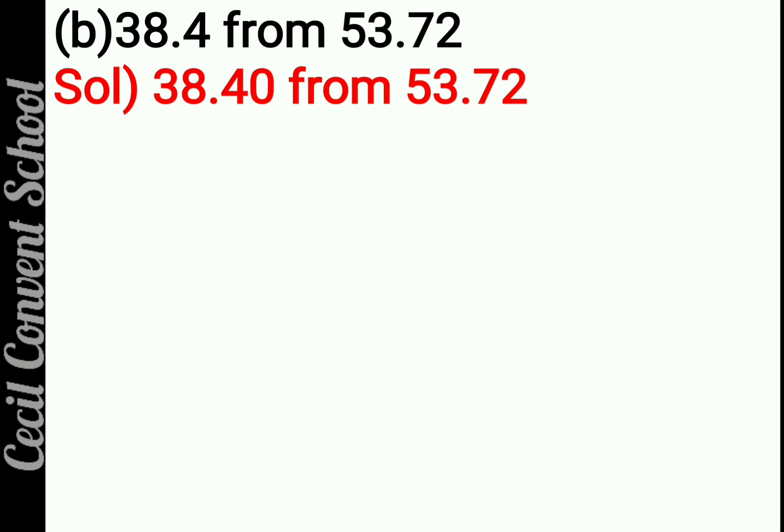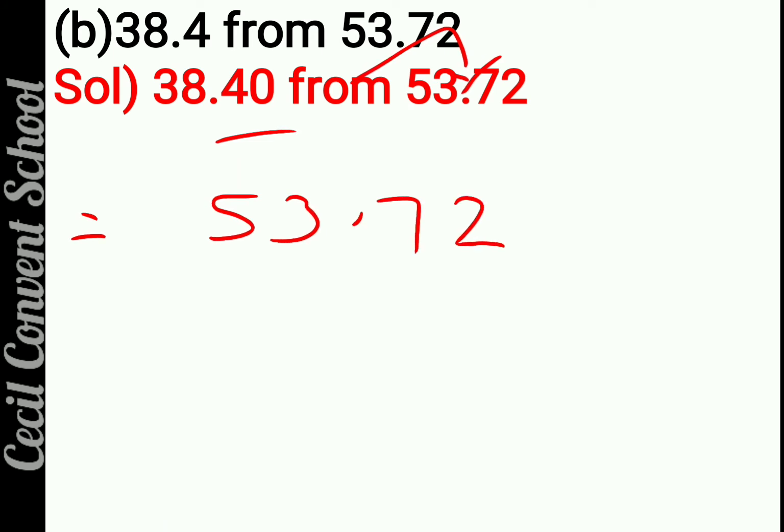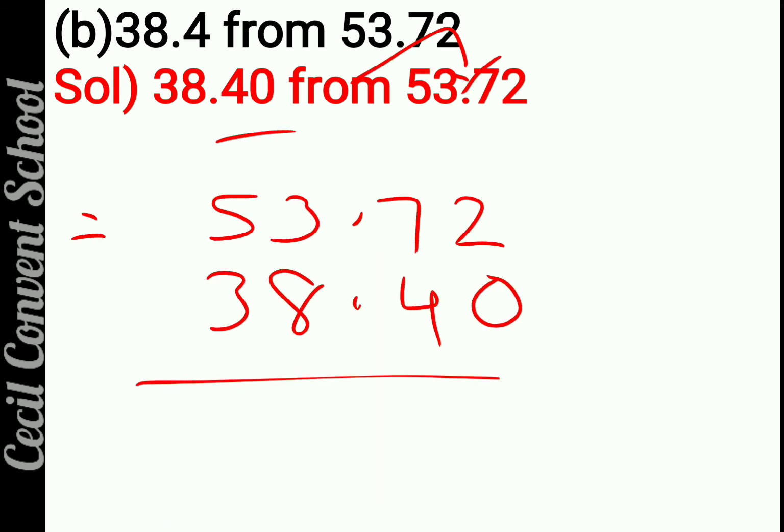Again, the first number is having 1 digit after decimal, the other is having 2 digits. So what I do, I put 1 zero here. Then we will put an arrow so that we will not get confused. Now 53.72, 38.40, then minus them. 2 minus 0 is 2.